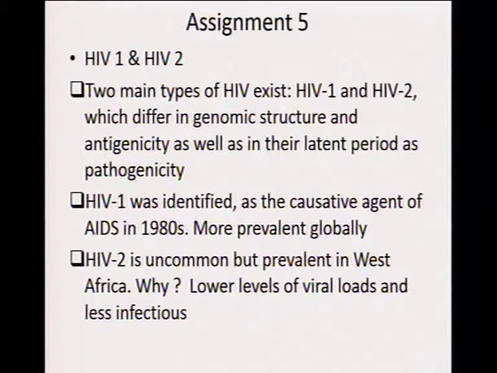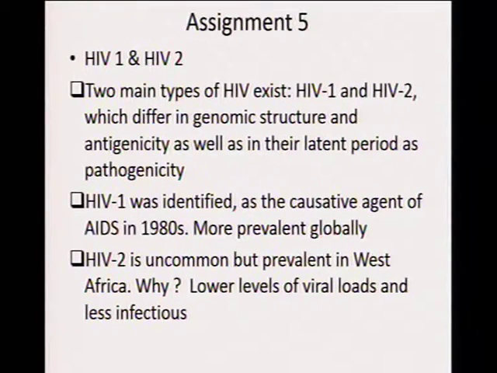Just to give you an example of the difference, HIV-1 was one of the viruses whose strain was identified already in the 80s. It's one of the most well-known viruses in the whole world. In the 80s, when it was evaluated, it became one of the most popular viruses, and up to now it's still prevalent globally.